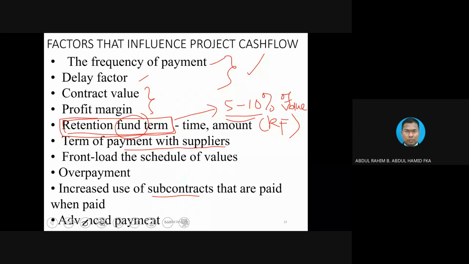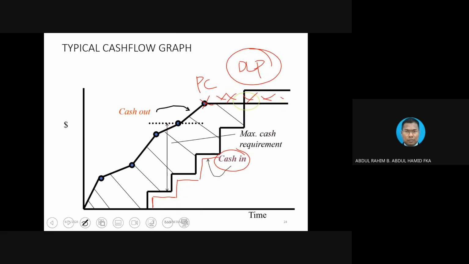And the supplier is the one that bears the cost with the manufacturer. If that is the situation, meaning to say the contractor's cash flow is going to ease a little bit because the cash out graph is going to be lower. Now the gap is getting reduced.